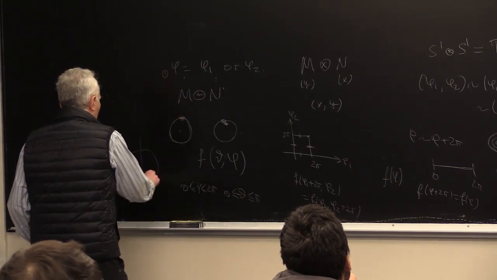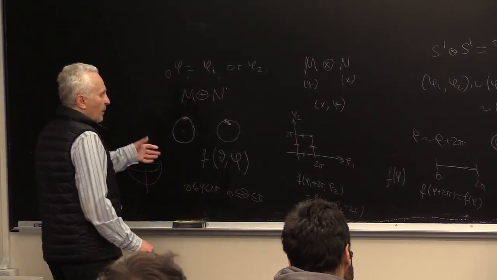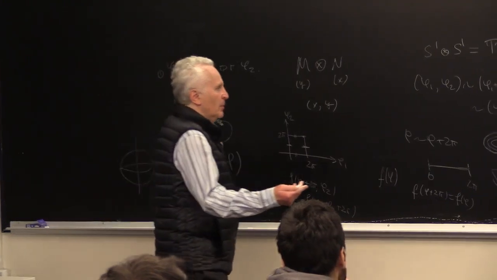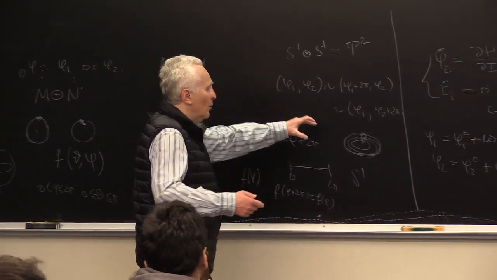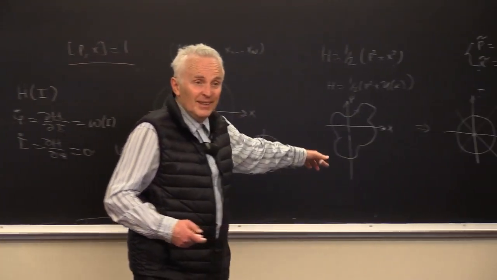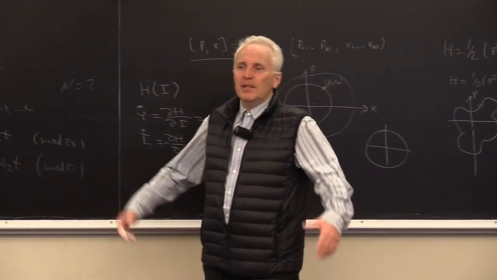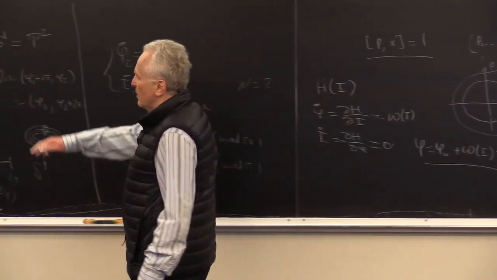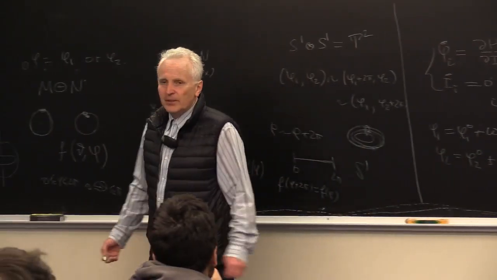Both a torus and a sphere are, in a sense, two-dimensional generalizations of a circle. So what kind of functions are allowed on a sphere?